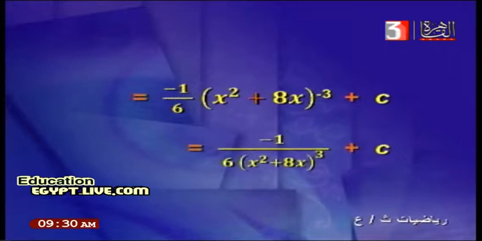Now the integration equals negative 1 over 6 multiply z power negative 3, where z equals x power 2 plus 8x, all power negative 3, plus c, or the integration equals negative 1 over 6 multiply (x power 2 plus 8x) between two brackets all power 3, plus the constant c.